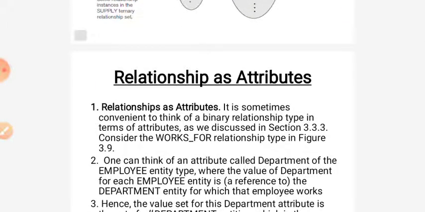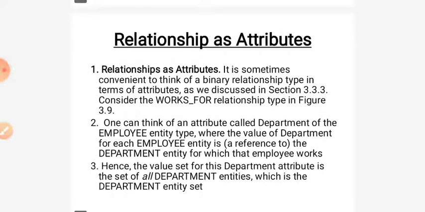Relationship as attribute. It is sometimes convenient to think of a binary relationship type in terms of attributes, as we discussed in section 3.3.3 in the previous class.